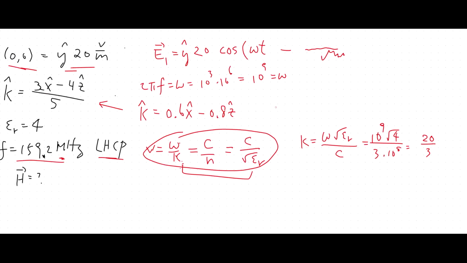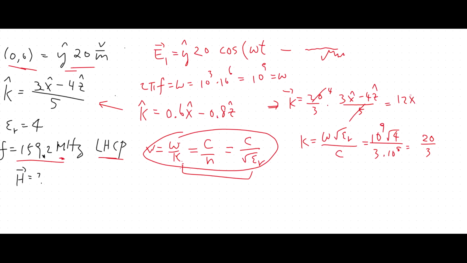So what is my k vector then? The magnitude is 20 over 3. The direction is 3x hat minus 4z hat over 5. That becomes 4, so this is 12x hat minus 16z hat.